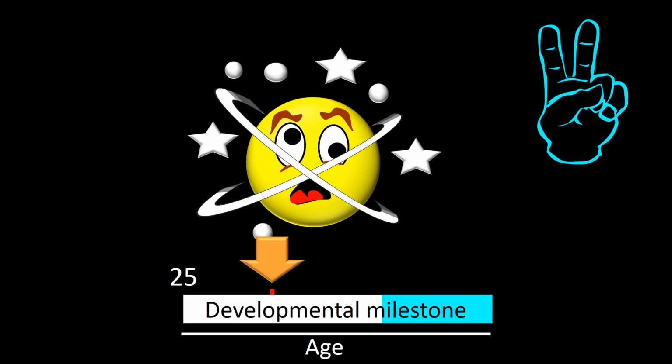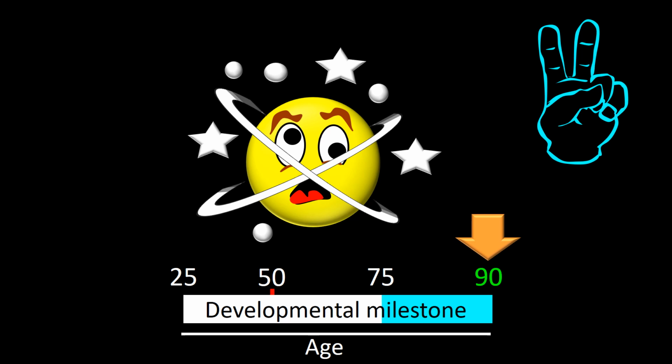A line in the white segment of the bar indicates the age 50% of kids have accomplished the given milestone, where the bar changes color indicates the age 75% of kids have accomplished a given milestone, and the end of the bar indicates the age 90% of kids have accomplished the given milestone. This latest parameter is by far the most important because it is the one used to screen for developmental delay in clinical practice.